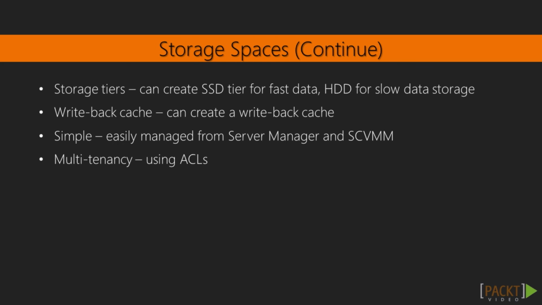Storage tiers allow you to create SSD tiers for fast data and use hard disk drives for slow data storage. It provides a write-back cache, and storage spaces are simply and easily managed from Server Manager and System Center Virtual Machine Manager. Also provides multi-tenancy using ACLs.